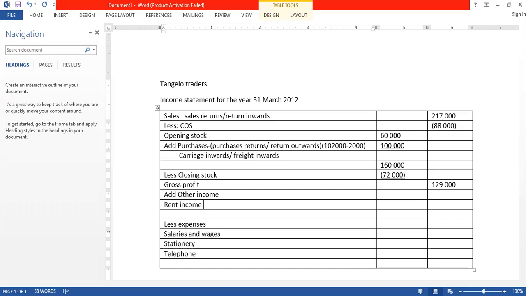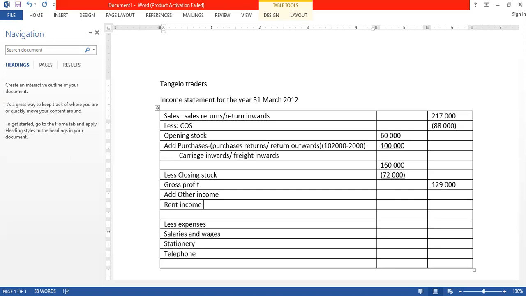Remember the accrual basis? The accrual basis states that an event is recognized when it happens and not when you receive the cash. Meaning that even though you did not receive the money for the rent, it should still be recorded in the financial statement.